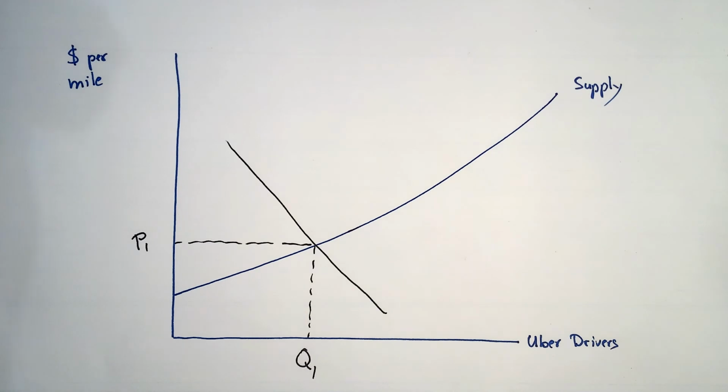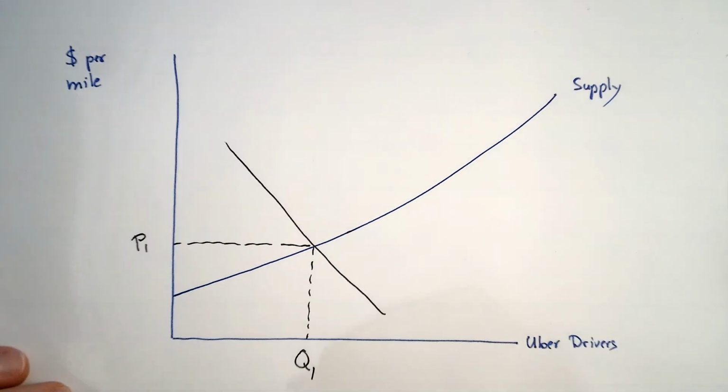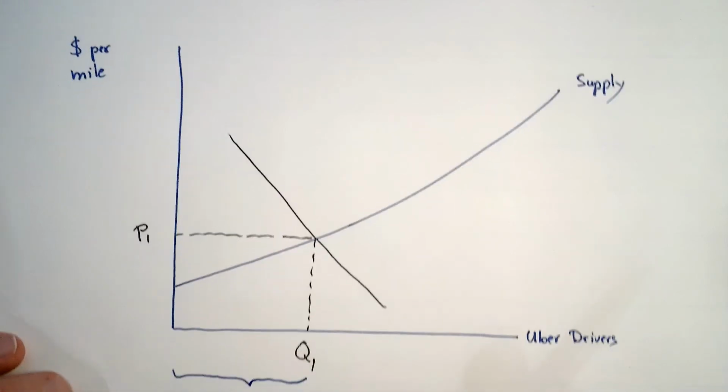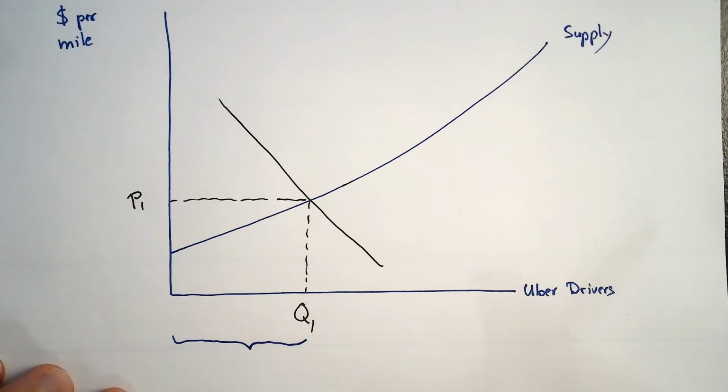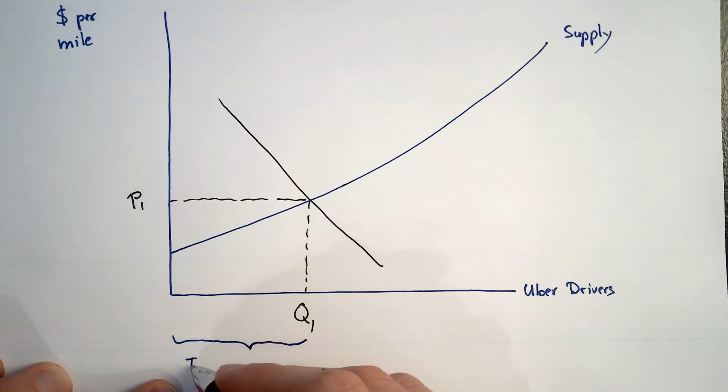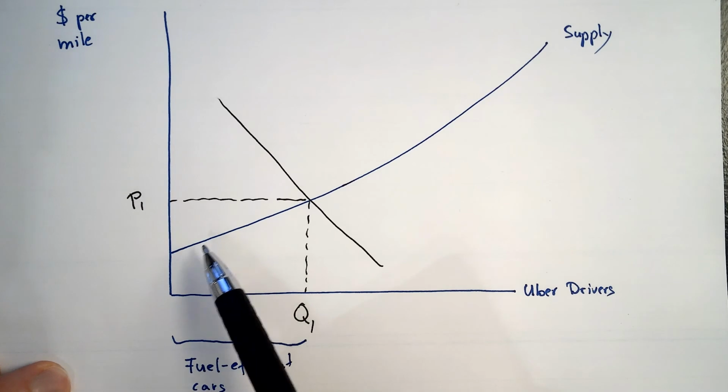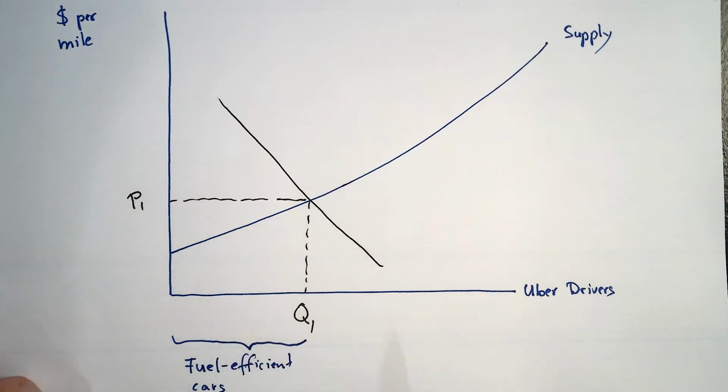Now, what you would expect in this type of scenario is that the drivers that are out there would be with, say, fuel efficient cars, okay? Or hybrid cars, right? Because they have the lowest cost to supply rides.